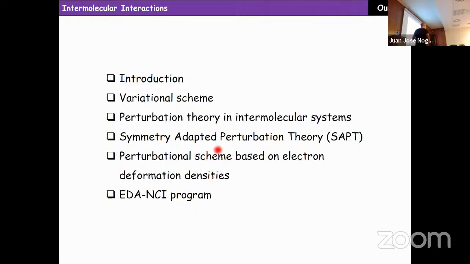Okay, but we can see that it's also a hybrid method because we use also a variational scheme to obtain the electrostatic and Pauli repulsion. Okay, and finally, probably in the afternoon, in the practical lesson, I will introduce you to the program EDA-NCI, which was developed also in Vigo, where this perturbational scheme is implemented. Okay.